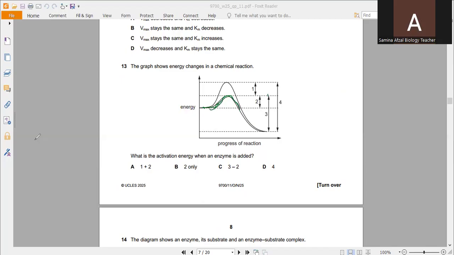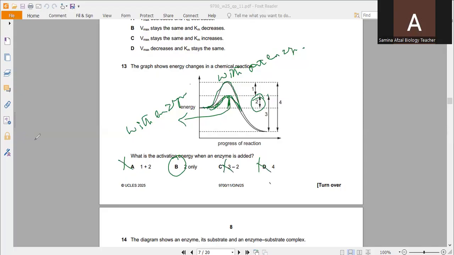So this is the lowered peak and this is without enzyme. So this is with enzyme. It is 2. So 2 is B and A, C and D are not the correct options.